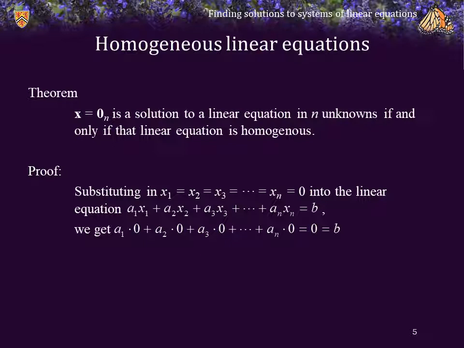Now, if it does actually satisfy the equation, then 0 must equal b. Thus, the equation is satisfied if and only if b is equal to 0. Now, as a consequence, we immediately know that if a linear equation is homogeneous, then the zero vector is a solution, and if it is not homogeneous, the zero vector is not a solution.